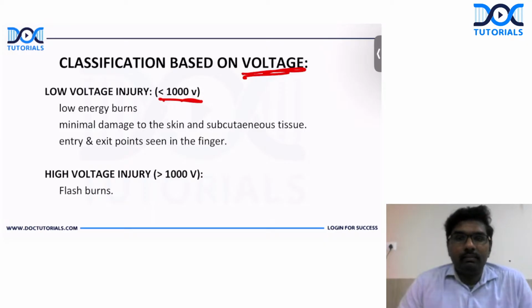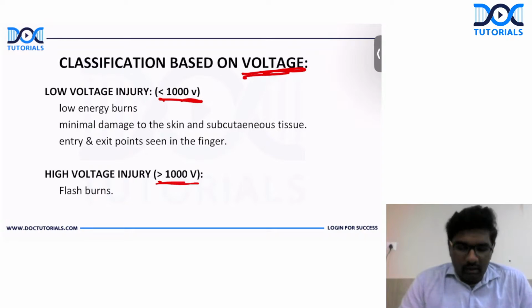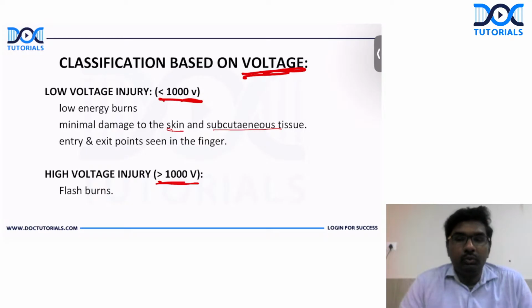If the voltage is more than 1000 volts, then it is considered a high voltage injury. Low voltage injury will cause low energy burns, and it is less severe. There will be minimal damage to the skin and subcutaneous tissue. And in all kinds of low voltage burns, there will be an entry and exit wound.